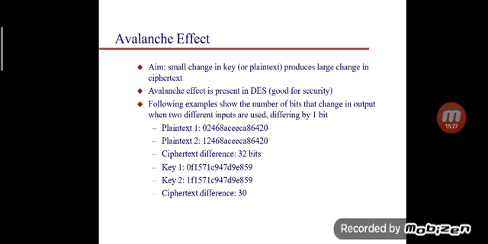So that much large change occurs in the ciphertext, and that is called the avalanche effect. The concept of the avalanche effect is that if we change any one bit in the plain text or key, there should be a large change in the ciphertext. Basically, the avalanche effect is good for security.